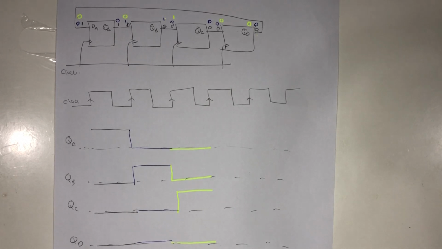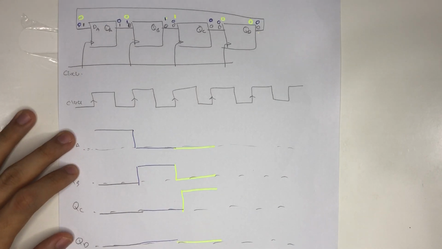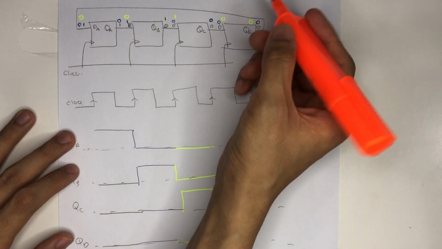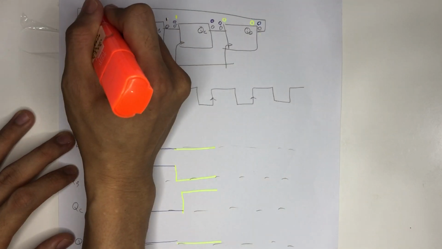Orange. Now the third, and then at the fourth rising edge here. At the fourth rising edge, what happened? You have 0 here. Your 0 will be transferred to here.